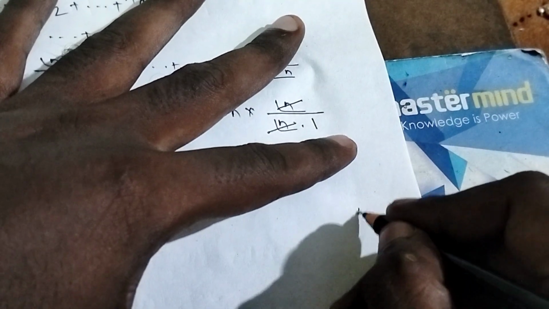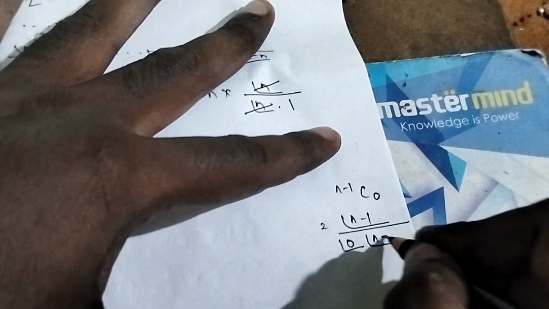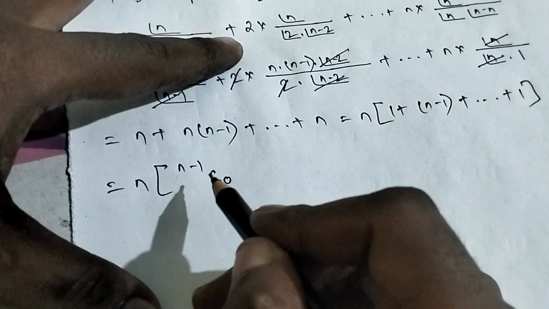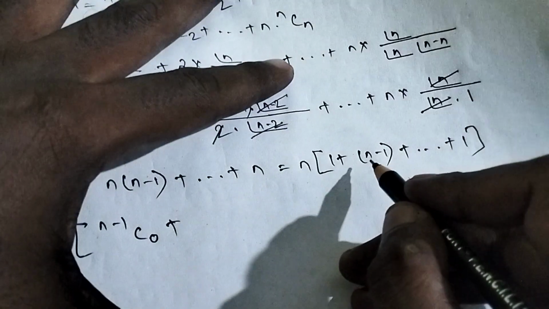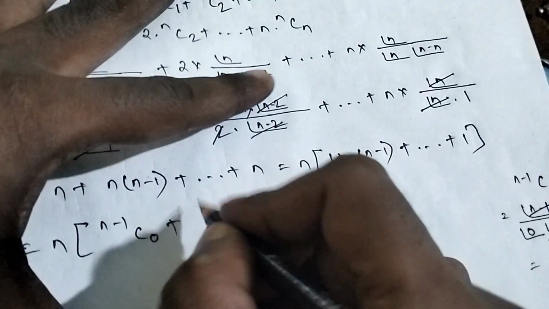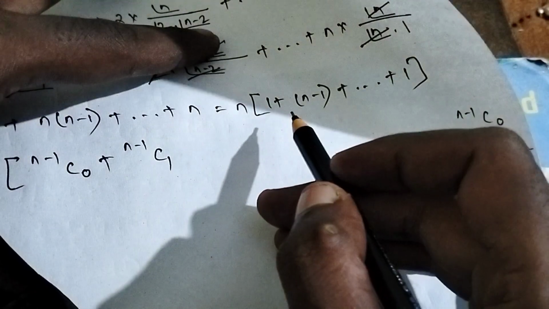See, (n-1)C0 means (n-1) factorial by 0 factorial into (n-1) factorial. (n-1) factorial cancels, and 0 factorial is 1, so 1 by 1 is 1 only. So in place of 1 I will write (n-1)C0, plus in place of (n-1) I will write (n-1)C1, because if you simplify it, it will come as (n-1) only. See again.